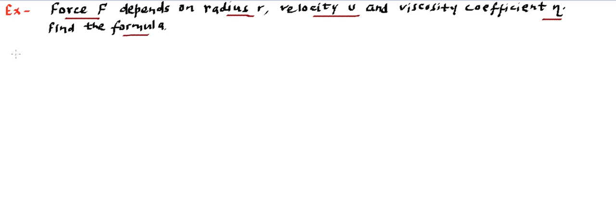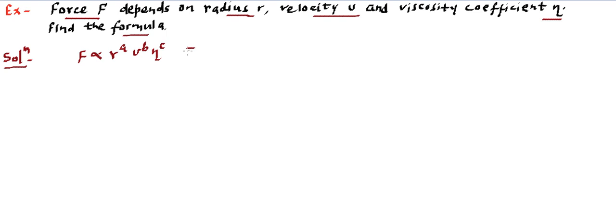Now if I solve, we will be following the similar steps that we learned in the previous example. In dimensional analysis, we will say this force has to depend on radius raised to power a, velocity raised to power b, viscosity coefficient eta raised to power c.